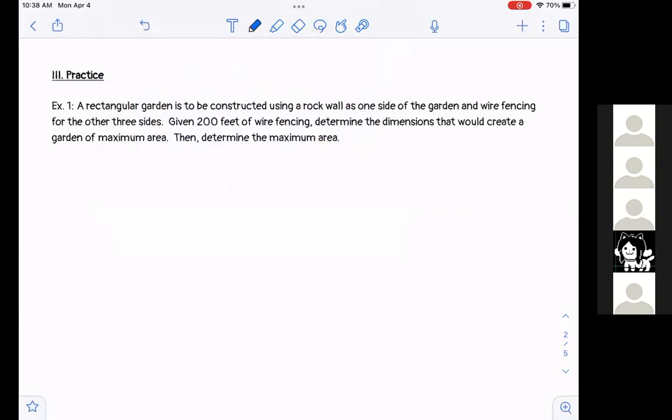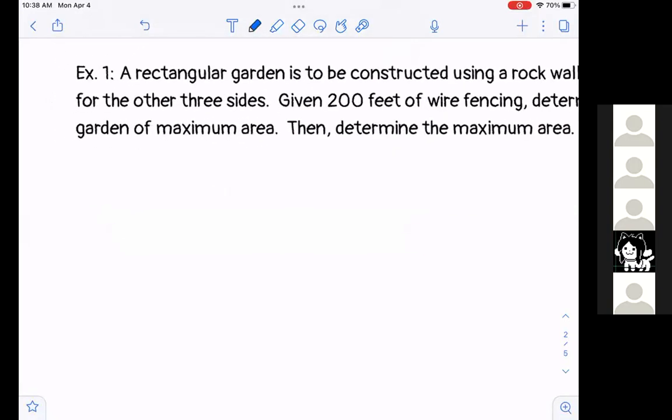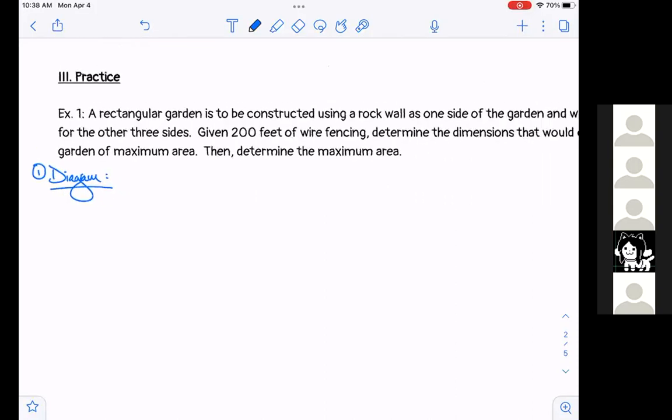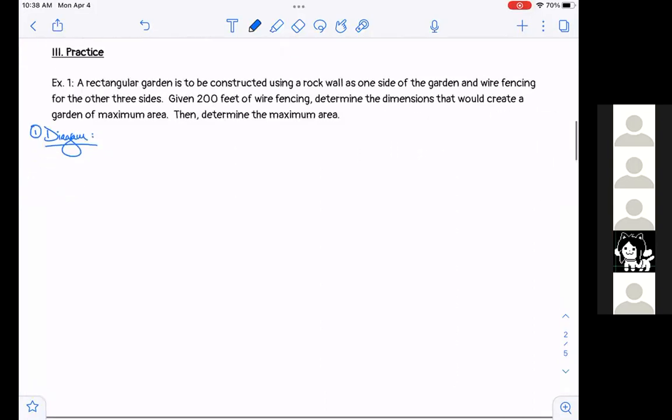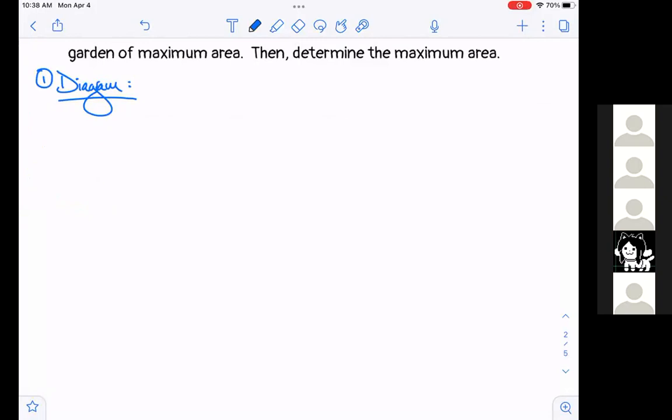And so my suggestion for doing any of these kinds of problems is always to start with a diagram, okay? Starting with a diagram is going to be really useful for us. And after we have a diagram, I like to do a little formula brain dump, okay?